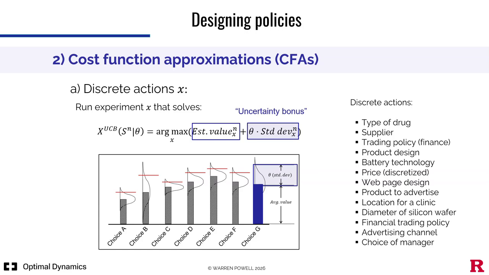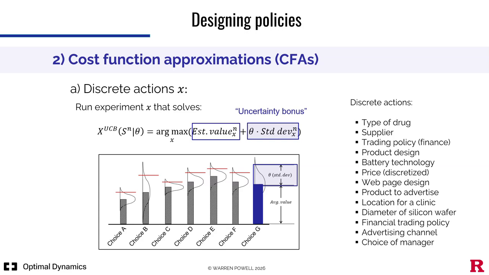Now, one way of solving these problems, and there's many, is to take the estimate plus the uncertainty bonus, add it into a single index, and find the maximum. That's an optimization problem, okay? And so I find the best of these. It's a sort. It's not a very complicated optimization. Everybody's done this at one point. Now, this is easily the most common decision problem that all of us run into in day-to-day life.